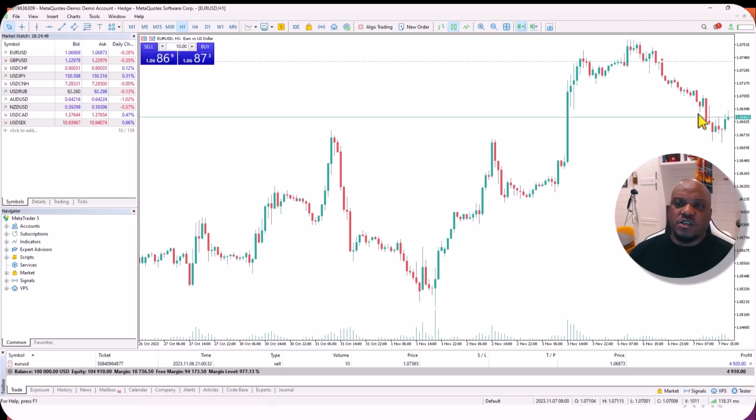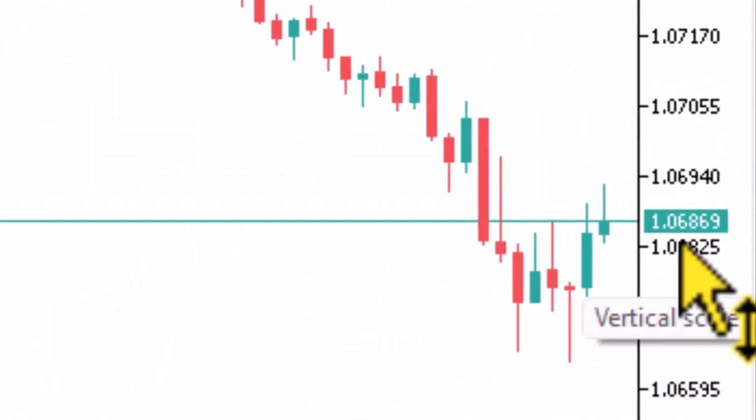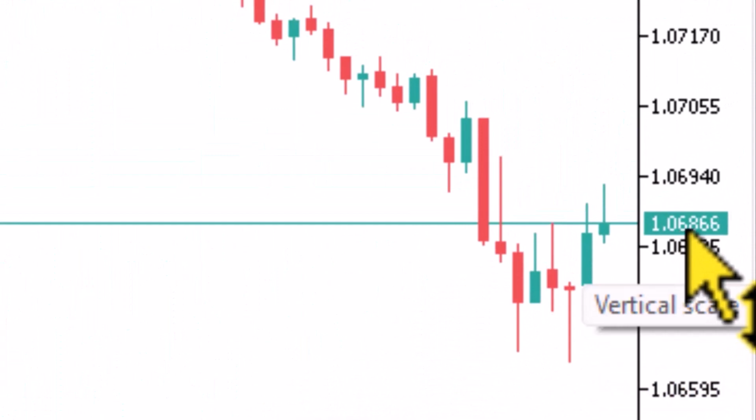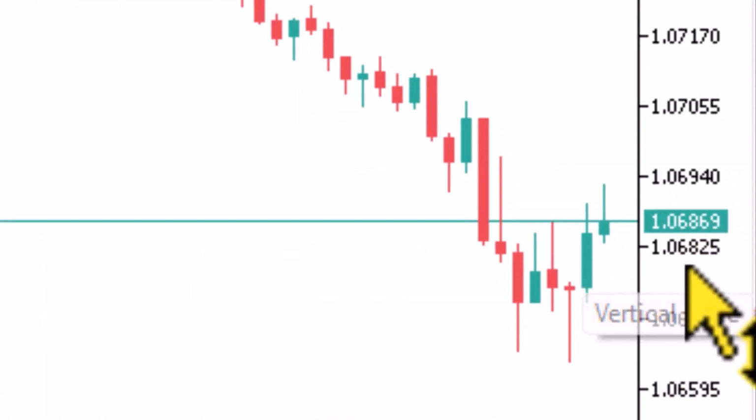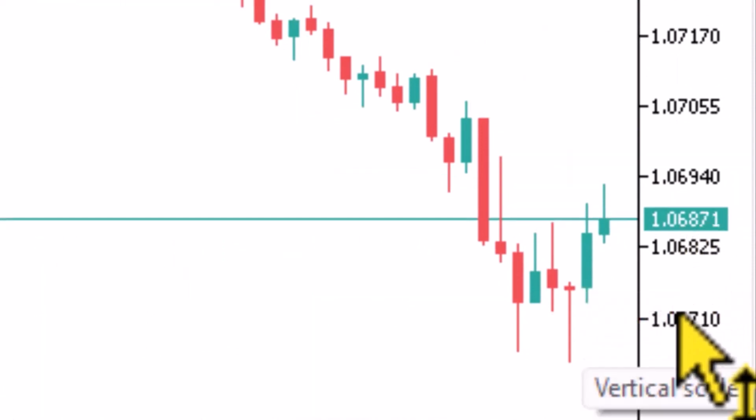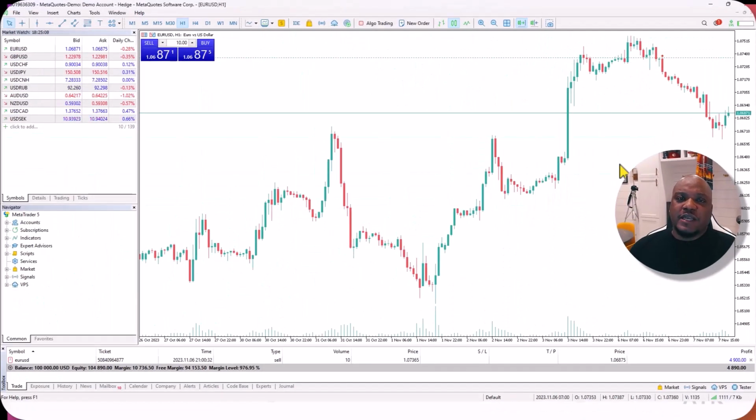And so the euro is stronger than the dollar, as can be displayed in the exchange rate. Right now, it takes 1.06866 US dollars to buy 1 euro. So hope this all makes sense.